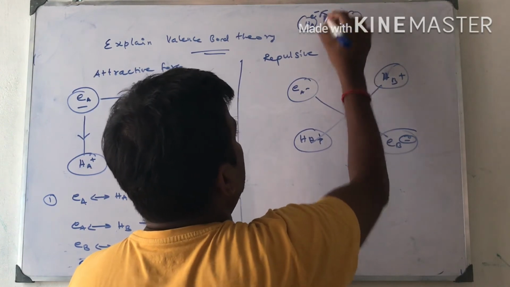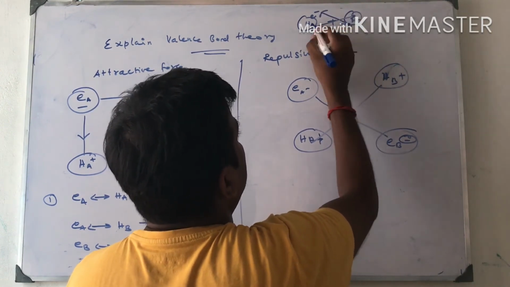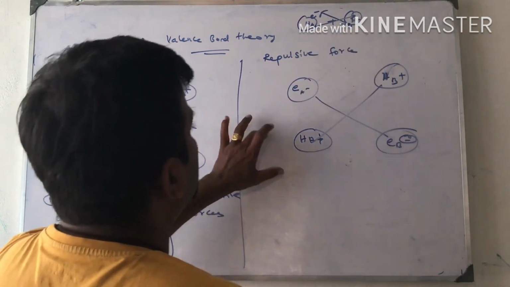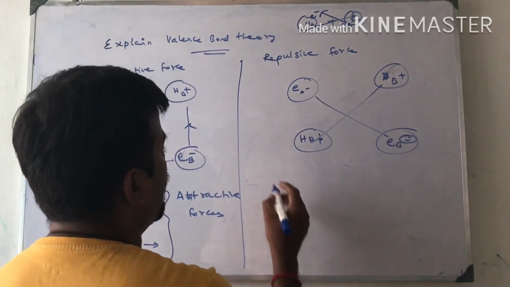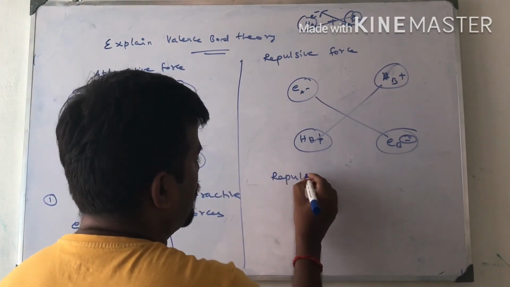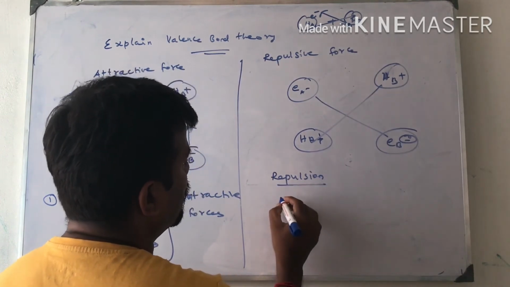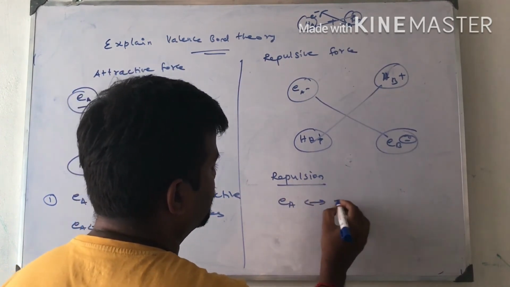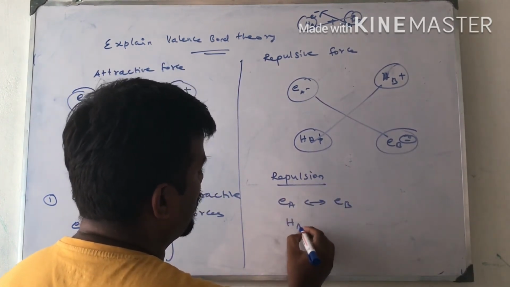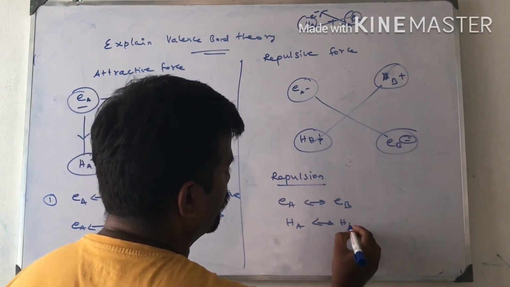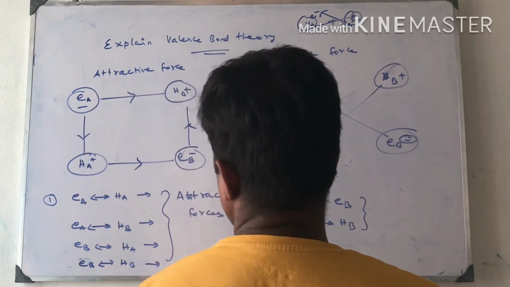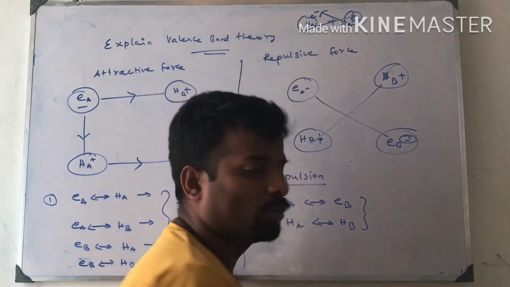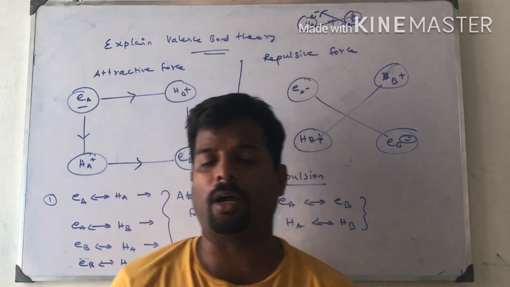Suppose the nuclei interact with each other. In this case, the repulsion takes place between EA and EB, and HA and HB. This repulsive interaction leads to separation of the molecule into atoms.